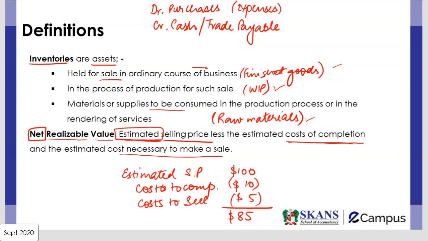Regarding this estimate that you have to make, the standard says that this should be the best available estimate at the reporting date. So you keep all the market factors in mind, inflation, competition, etc. Keeping everything in mind, this should be the best available estimate at the reporting date. So once you have calculated the net realizable value, all of this is happening at the reporting date.